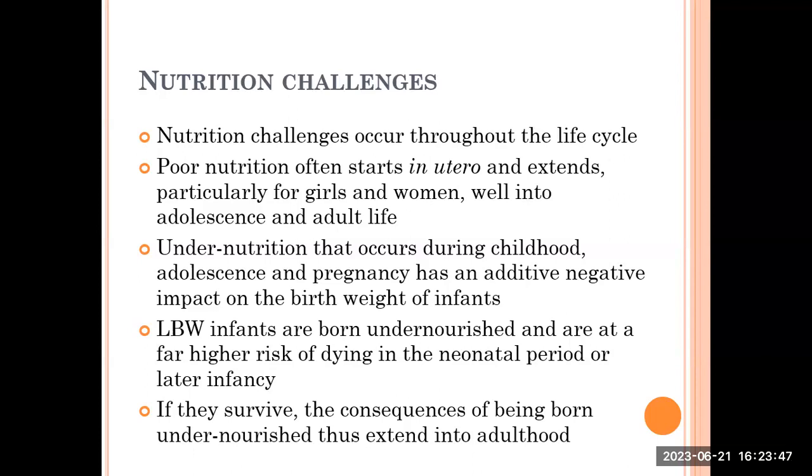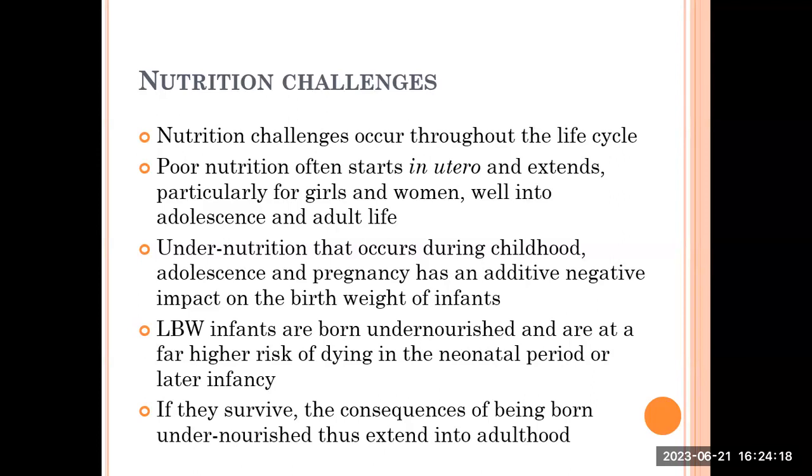Now, if the infants who are born low birth weight survive, the consequences of being born undernourished, so I'm talking of the fetuses, extend into adult life. So undernourishment starts from the womb, you are born undernourished, and the consequences of it, so many things happen, will extend into our adult life.